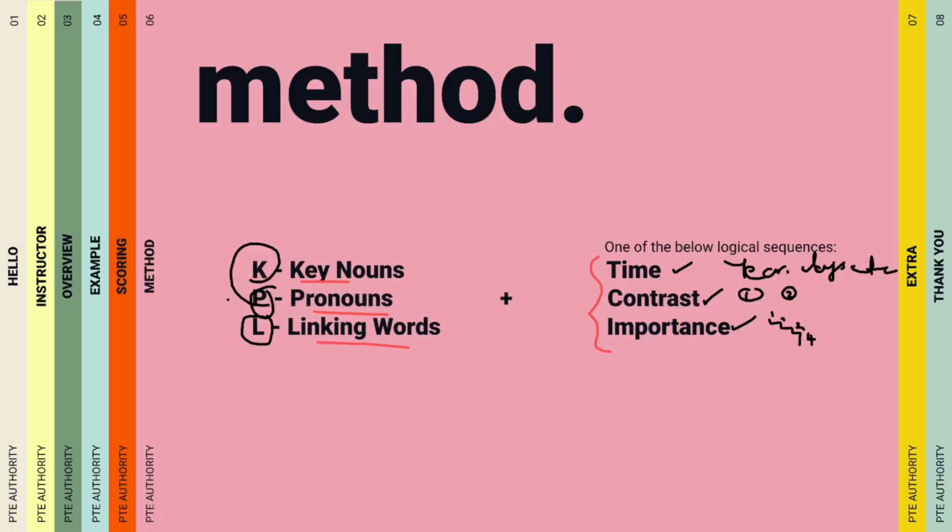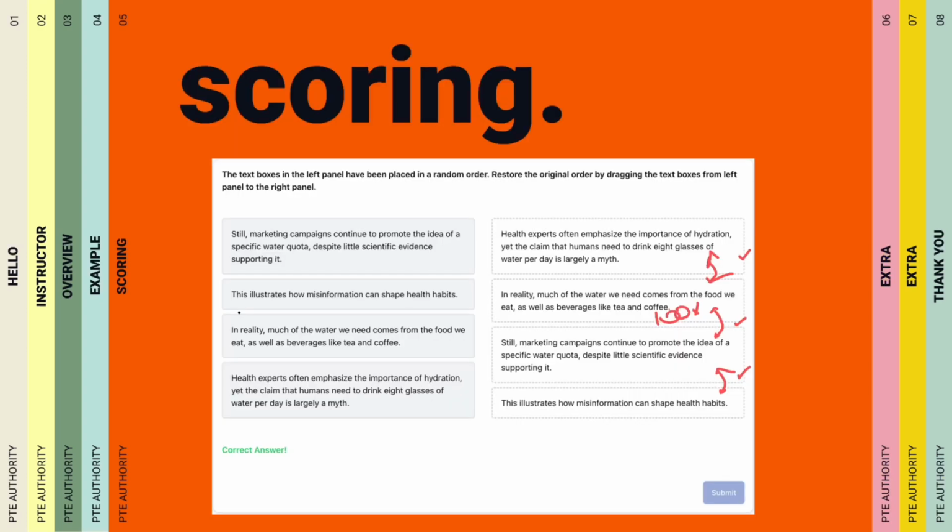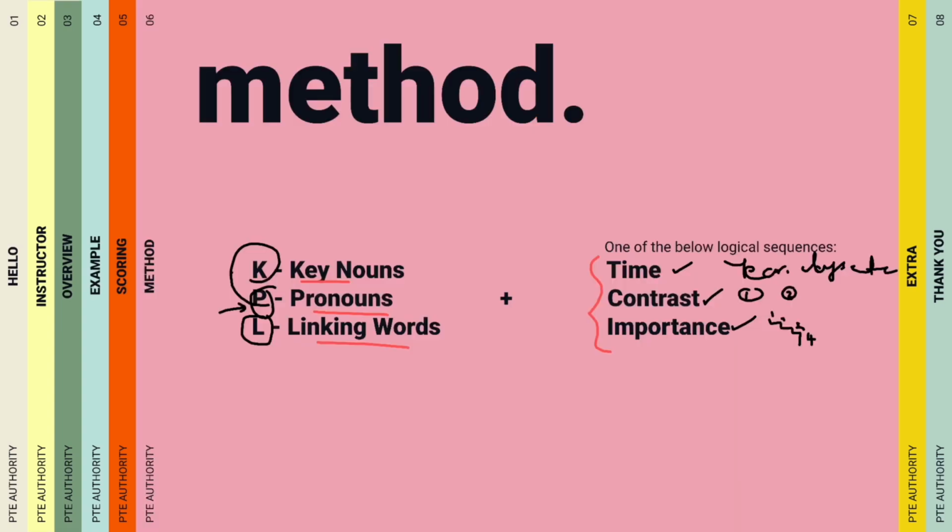The next thing that you need to identify within the paragraphs is pronouns. Pronouns are words used to refer to key nouns in the passage. For example, 'supporting it' refers to water quota. So pronouns denote the key nouns in a sentence.